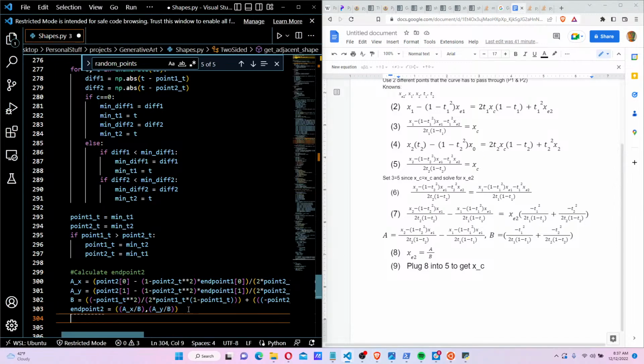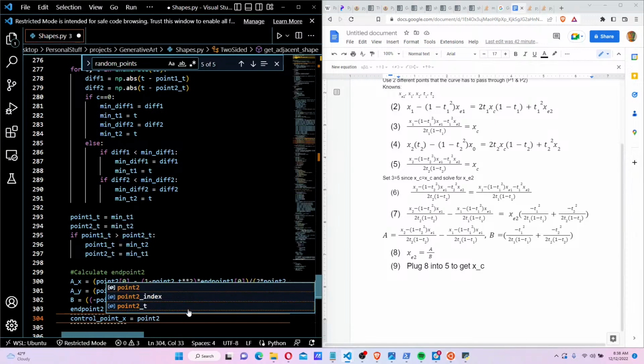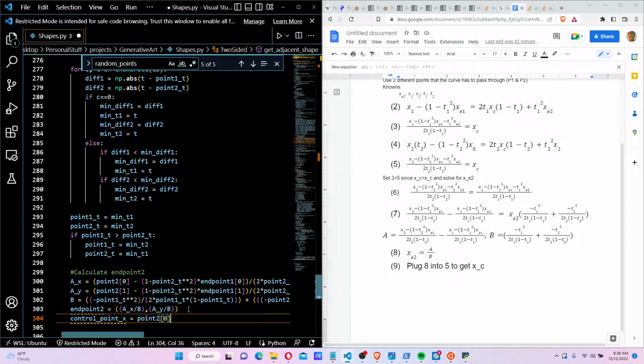So now we can say control point is equal to, okay, so control point x is equal to point 2 of x, so of 0, minus, and then in parentheses, 1 minus t2, 1 minus 0.2t, squared.